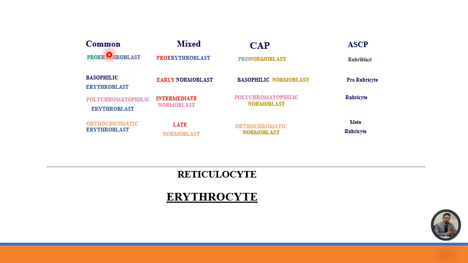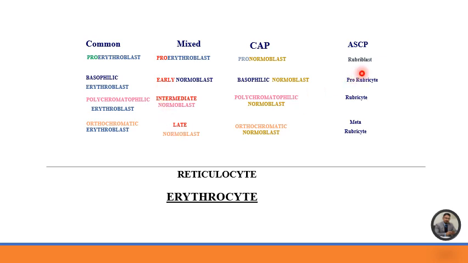In the common nomenclature it is erythroblast; in the mixed nomenclature it is proerythroblast, then early, then intermediate, and then late normoblast. In CAP, it is basophilic, polychromatophilic, and orthochromatophilic normoblast, but here the word is normoblast.